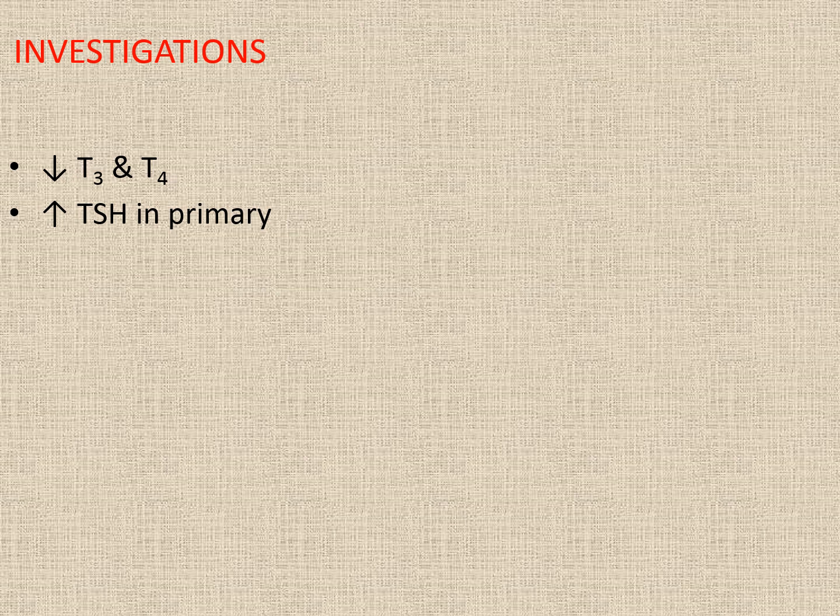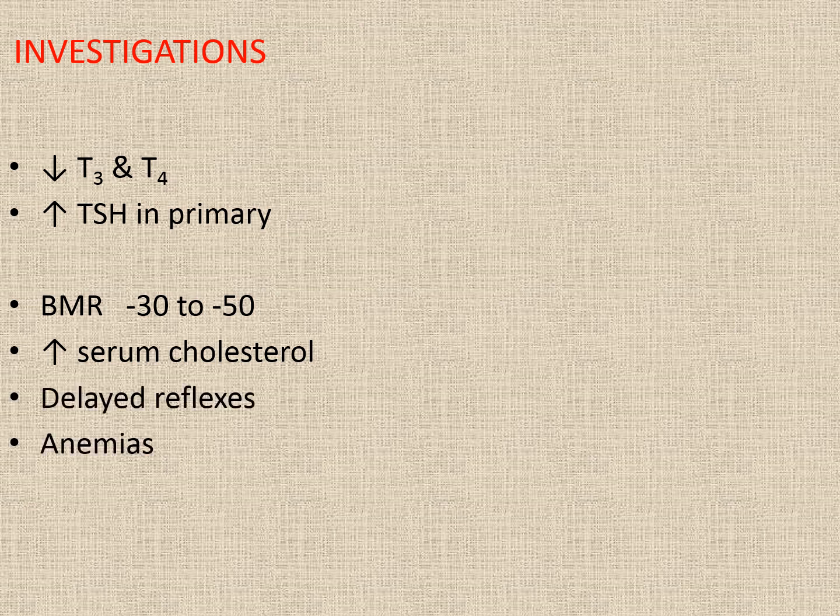All are decreased in secondary hypothyroidism. The other supportive investigations that we should do: first of all, basal metabolic rate, it reduces to -30 to -50%. Increase in the blood cholesterol level, delayed reflexes and anemia are the other investigations that we should look for.